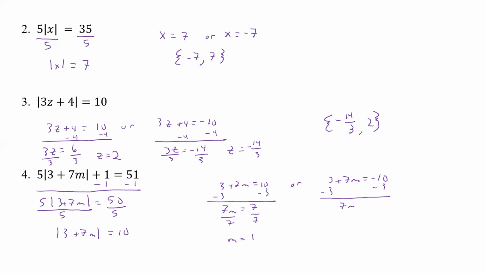So 7m equals negative 13, divided by 7, m equals negative 13 over 7. So our solution set is negative 13 over 7, comma 1. Okay, so again, it's going to be this or this, and so our solution set would be the combination there. All right, let's pause there and we'll come back for more.